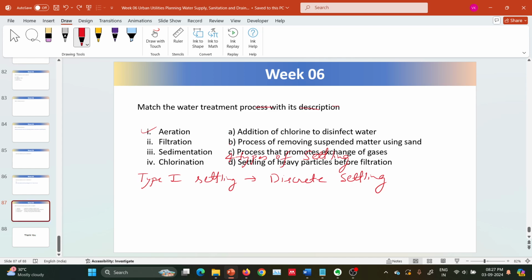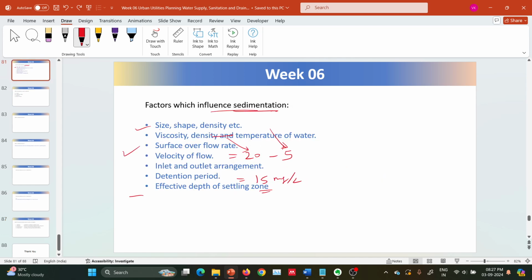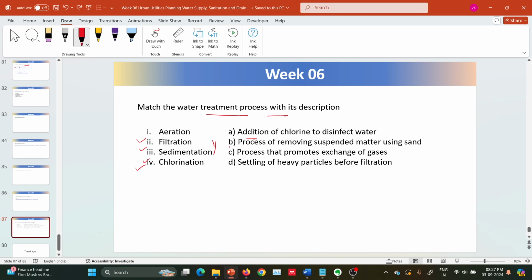Aeration is a process that promotes exchange of gases.